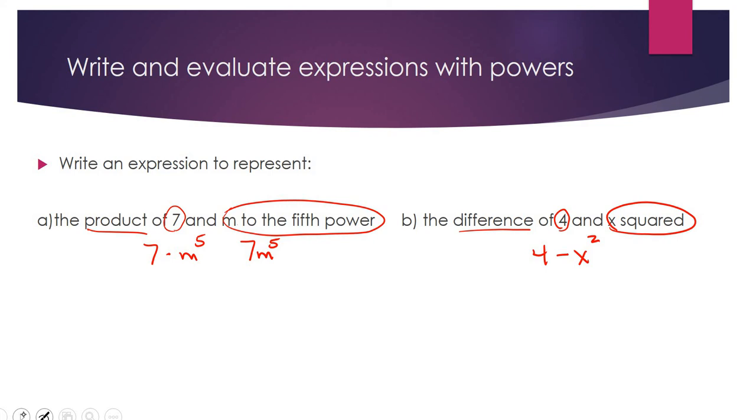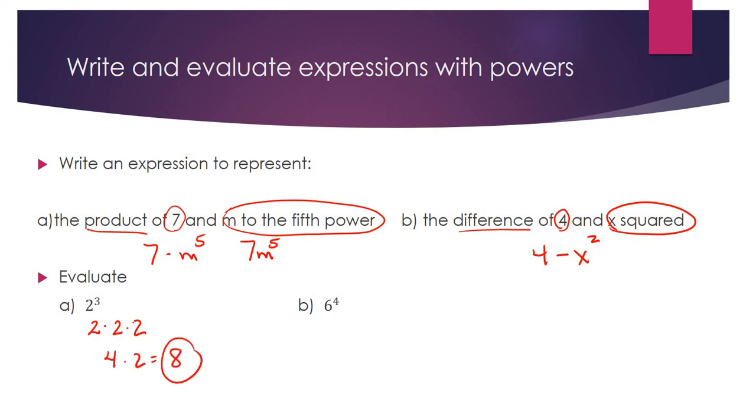So that's writing an expression. Let's talk about evaluating now. If I evaluate a power, 2 cubed means 2 times itself 3 times. 2 times 2 is 4, times another 2 is 8. So 2 cubed is 8. 6 to the 4th power.